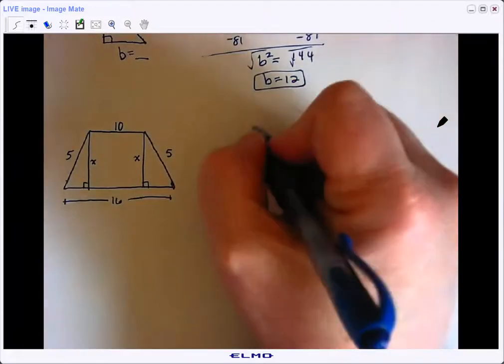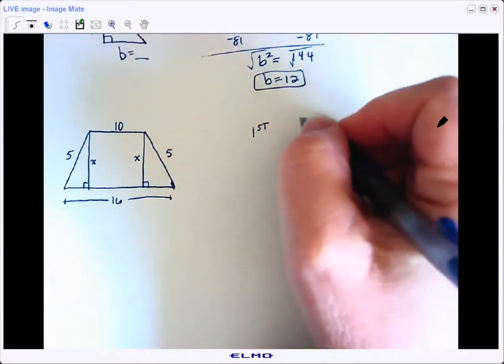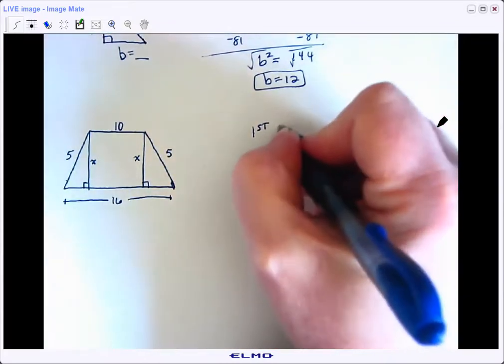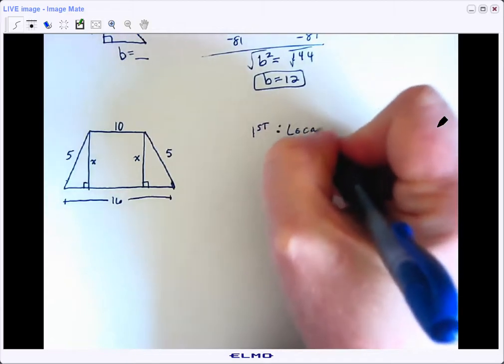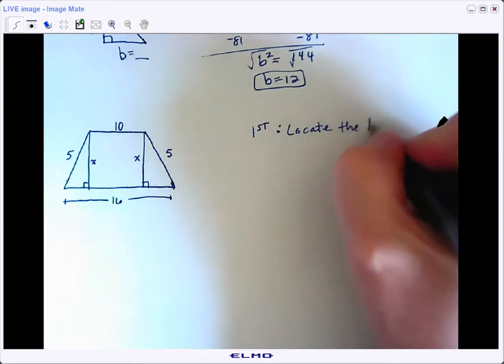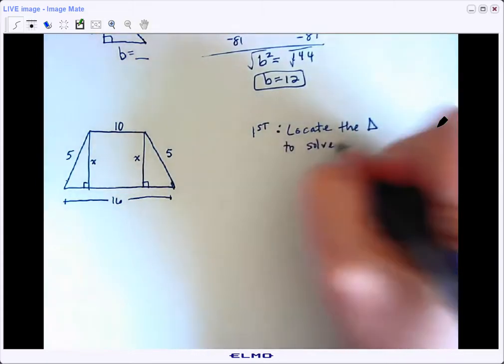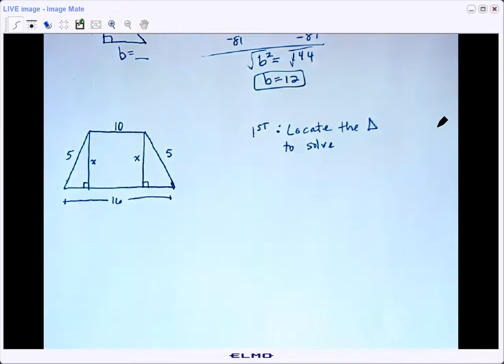So the first thing we want to do is locate in our picture the triangle to solve. Now that's going to look different for each problem.